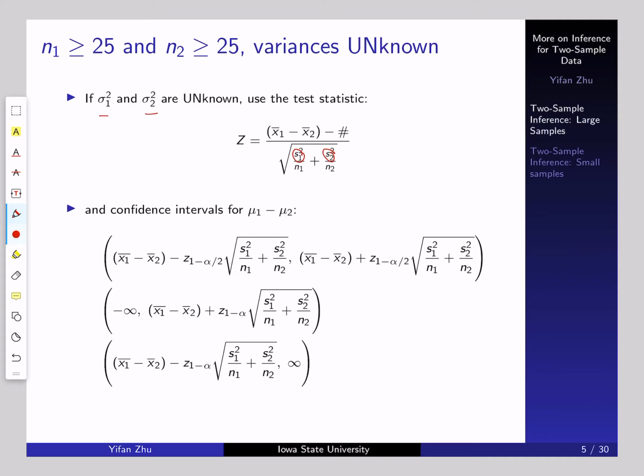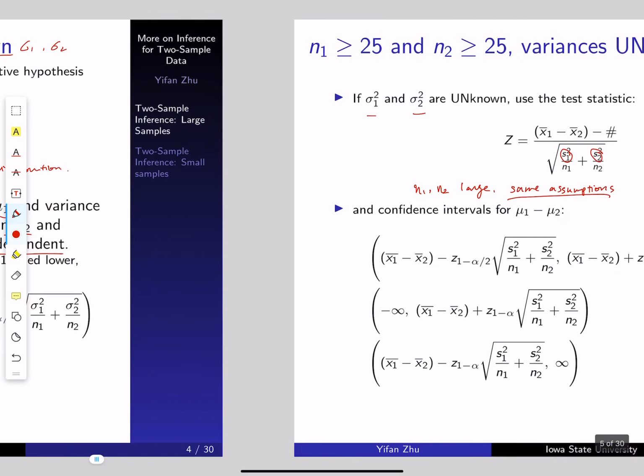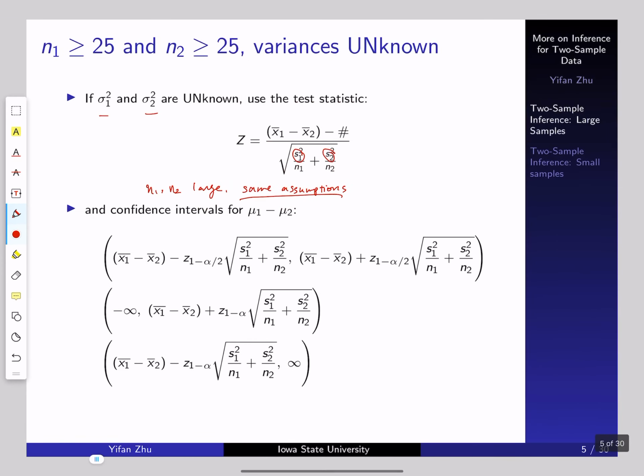And again, the sample size is large, with the same assumptions like this one, and z will also be approximately standard normally distributed.